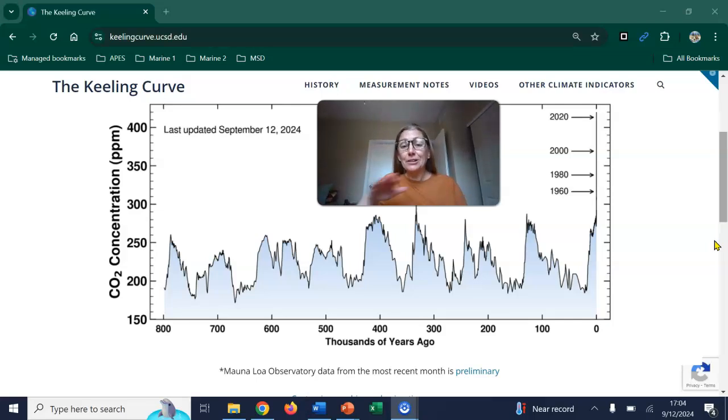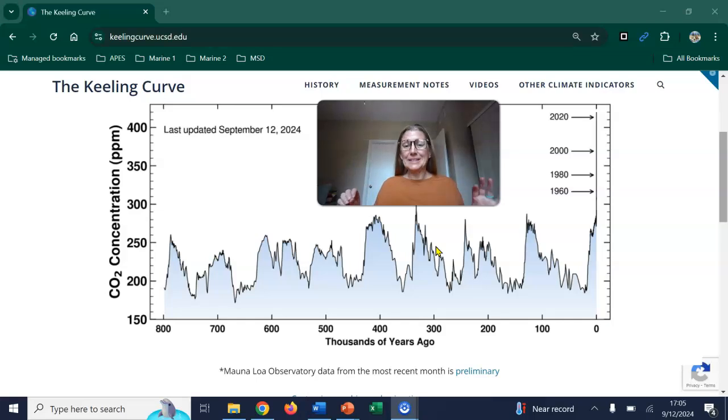We have never seen such a rapid increase in carbon dioxide concentration ever before. And that is attributed to humans and the things that we do that release carbon dioxide. So, again, the main point of this graph is to show you, yes, CO2 concentrations have cycled over the years.